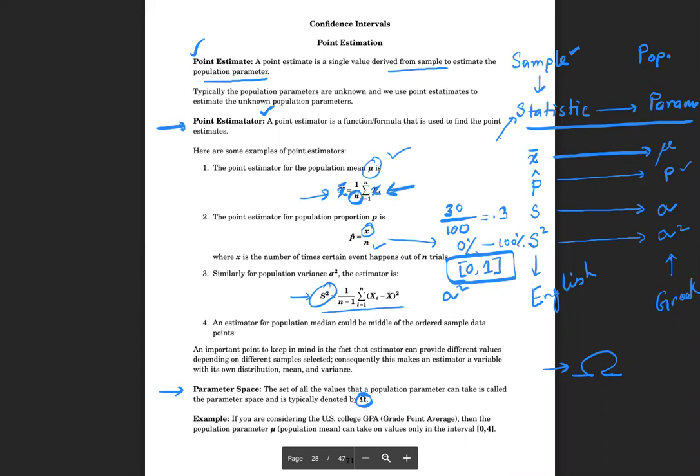And if you're talking about GPA, the parameter space for the GPA would be between 0 and 4, including the boundaries. So depending on the context that you're dealing with, parameter space will change. It is not a fixed number. It is context dependent.